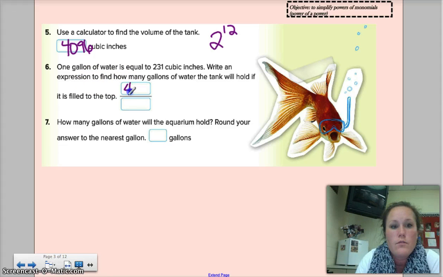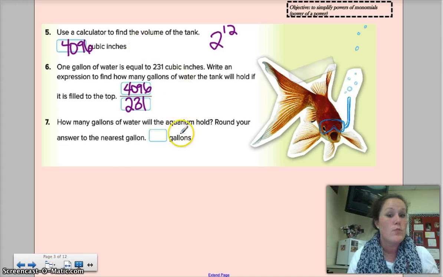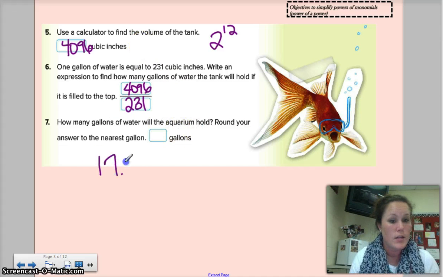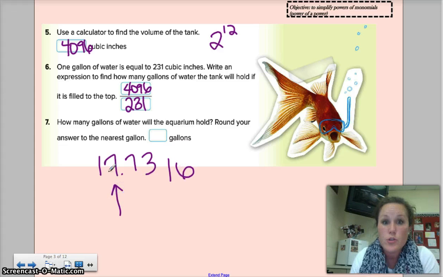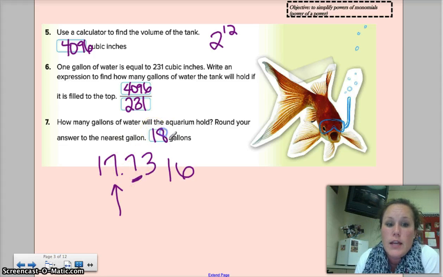So I'm going to take 4,096 divided by 231, and when I do that, I end up with, it says round to the nearest gallon, I got 17.7316. The nearest gallon, or the nearest whole number, look next door. It's 5 or bigger, so it's about 18 gallons.